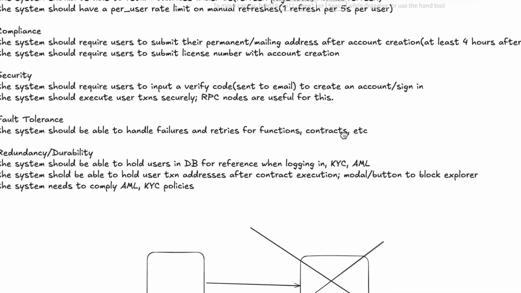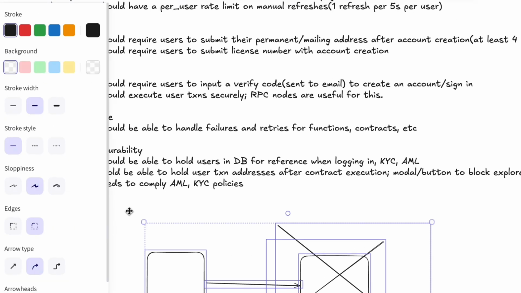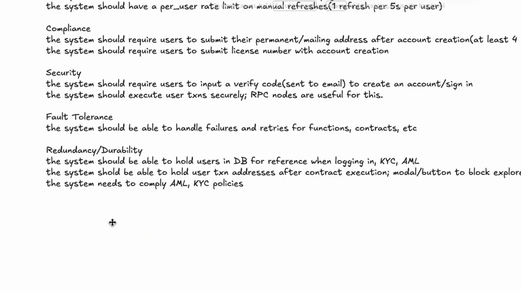That doesn't mean the application won't give users the data they need, but I want to prioritize that data being correct and up to date rather than being available quickly.